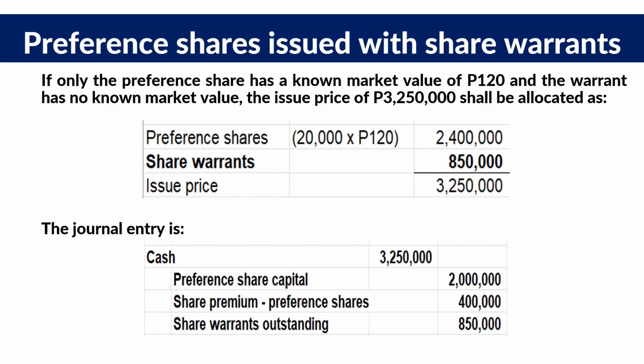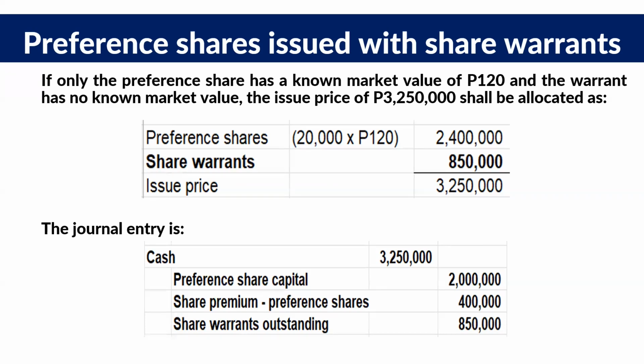Now, what if only one of the securities, either the preference share or the share warrants, has a market value? What will we do? Since the market value of both is not available, you cannot really allocate it that way. So what you're going to do is apply the residual approach.